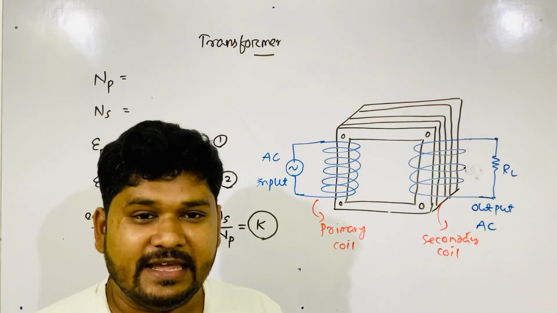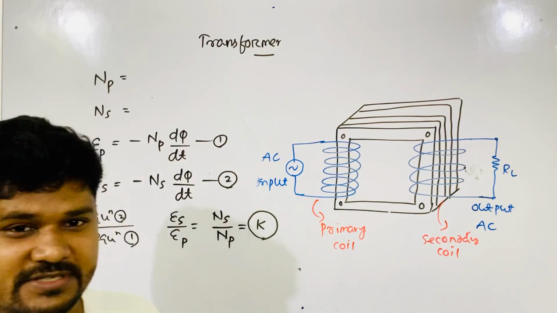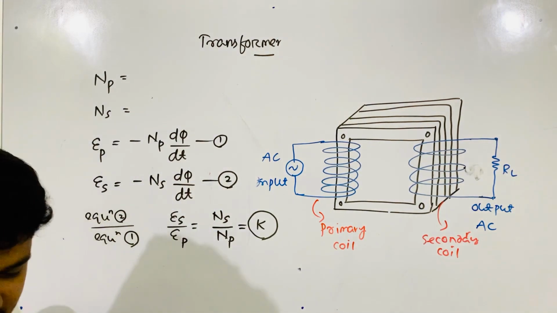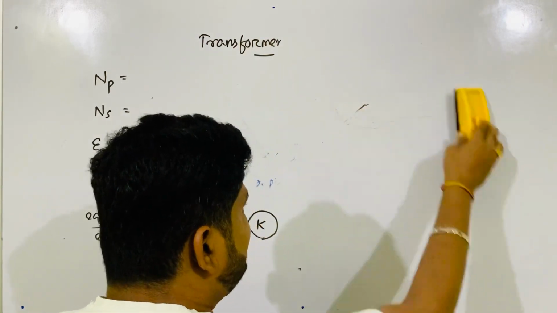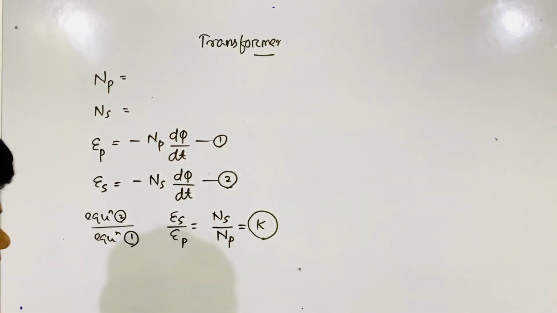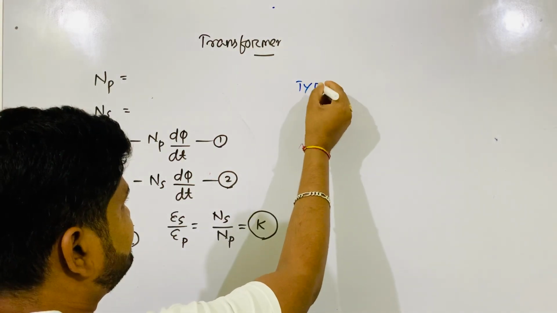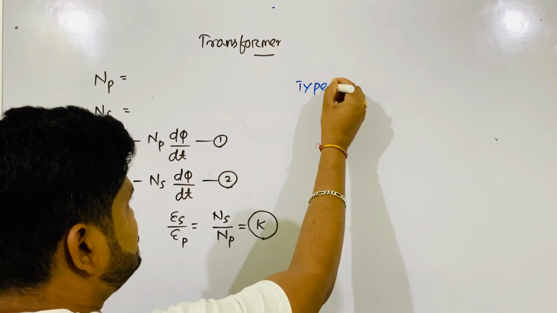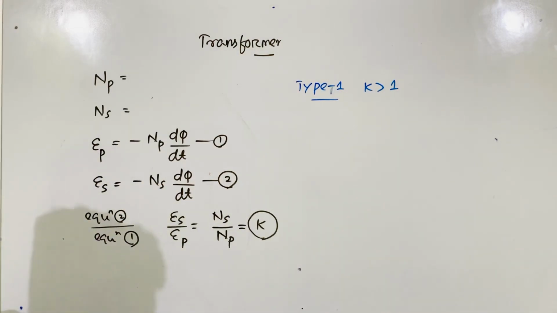Depending on the K, transformers are classified into two types. So what are the two types? Type 1 first. If K is greater than 1, then what happens?